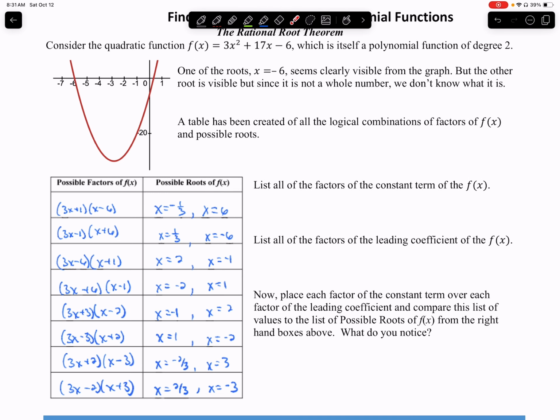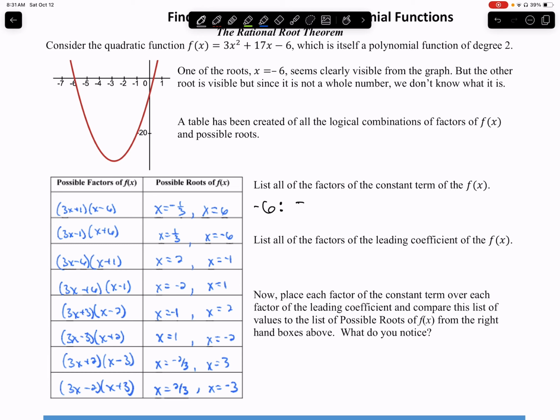So it turns out there's a way that we can list all of these possible roots pretty easily. So I'm going to come at you sideways here and not tell you the theorem yet. Let's list all the factors of the constant term. Remember, the constant term is the term that doesn't have any variables. So we got negative 6.